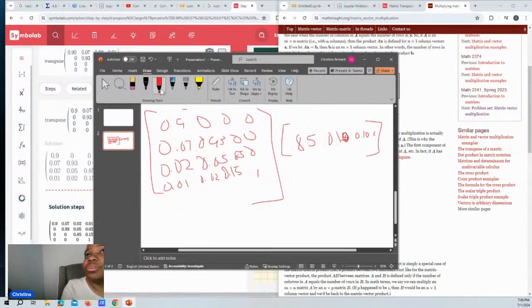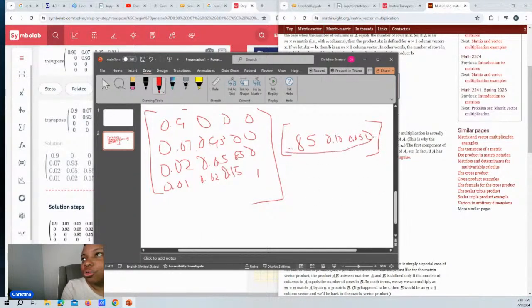Is there an eraser? I'm still doing it wrong. Okay. 0.10, 0.05, and 0. So I kept thinking of it as a column up and down, but it's not.